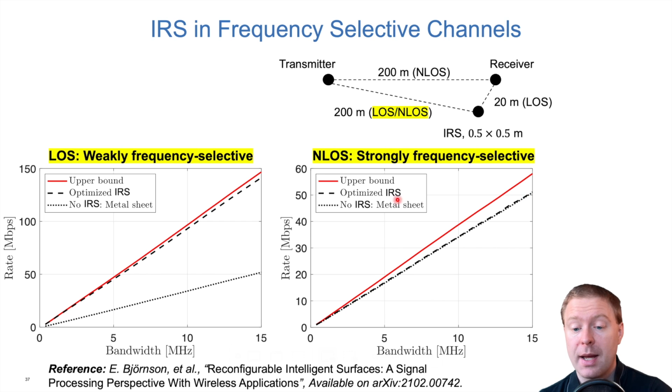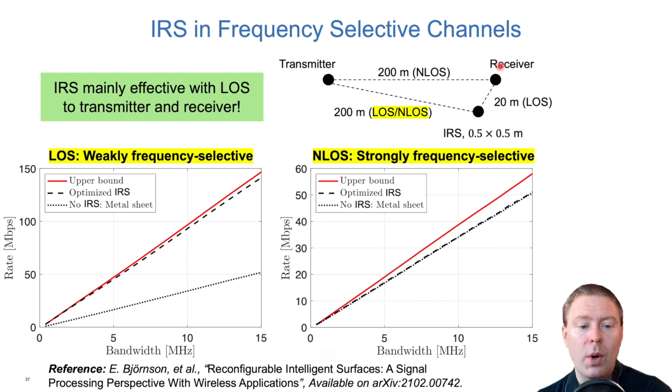And the optimized and the metal sheet case are almost on top of each other. So we are really not seeing any large benefit of having an IRS unless we have a line of sight path both to and from the surface to the receiver in wideband scenarios. So this is when the IRS is really effective.